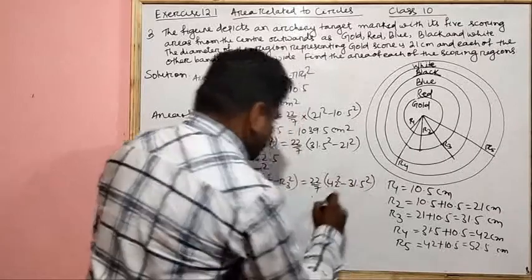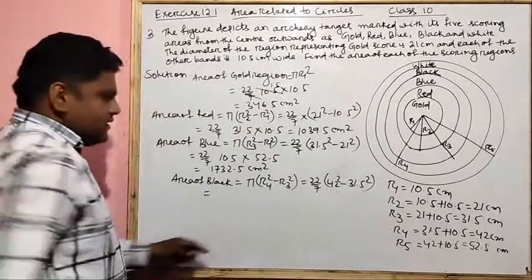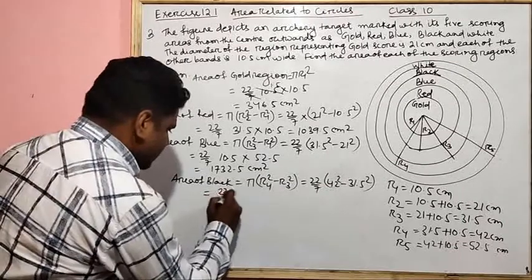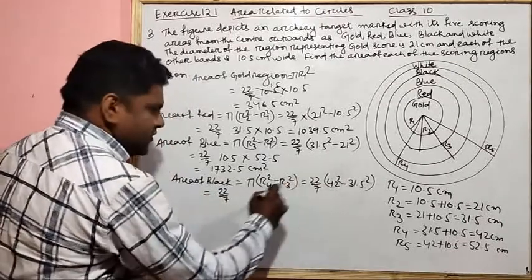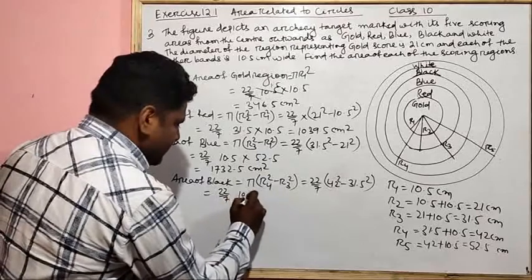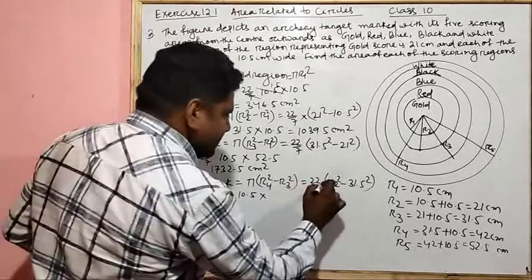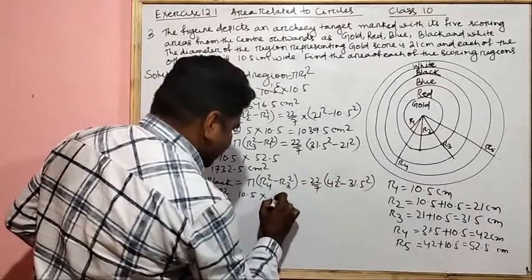Putting a square minus b square equal to a minus b into a plus b, it will be 22/7 into 42 minus 31.5, which is 10.5, and 42 plus 31.5, which is 73.5.